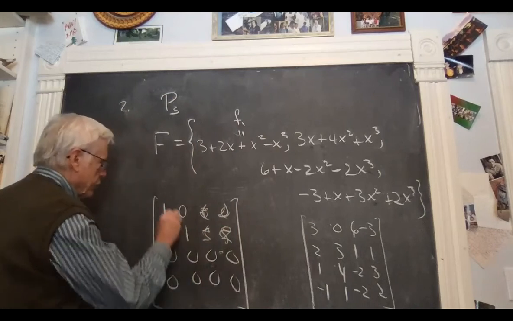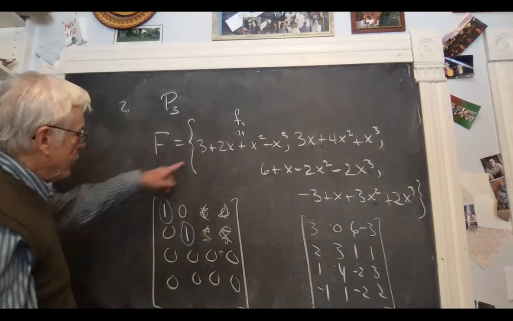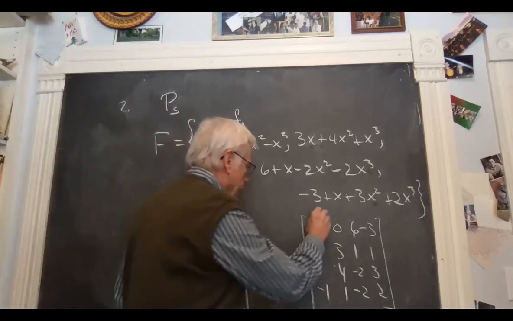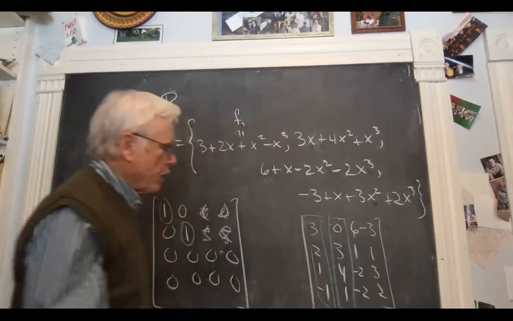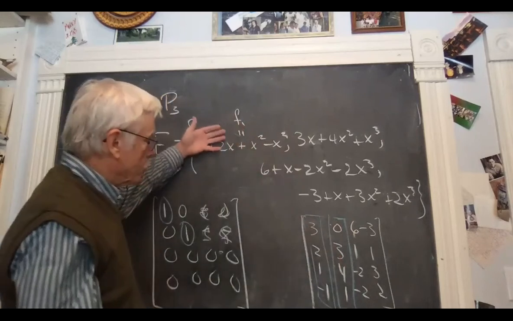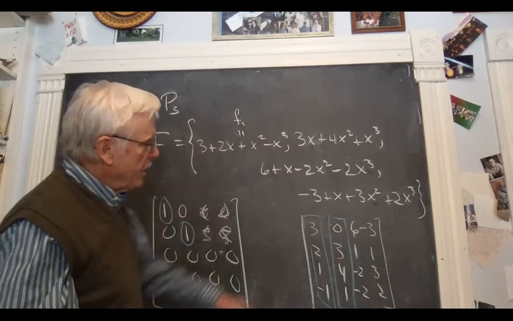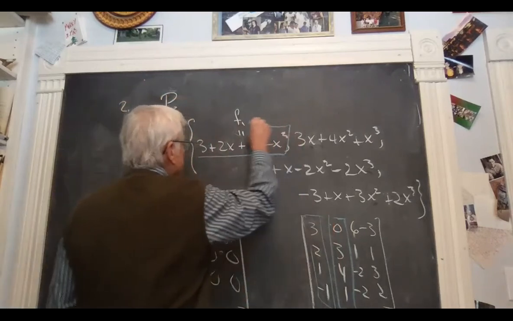So we have 2 pivots corresponding to the very first 2 vectors that we had. So these 2 vectors form a basis for the space in R4 that codes this space. And now decoding these gives these 2 functions.